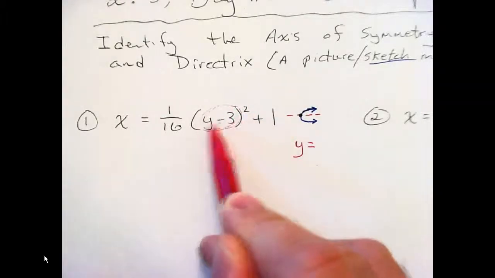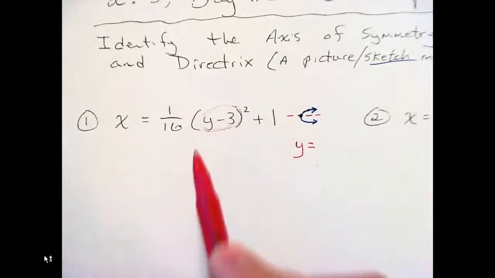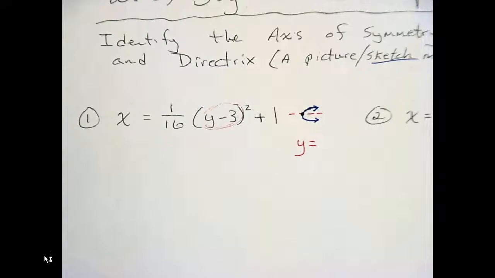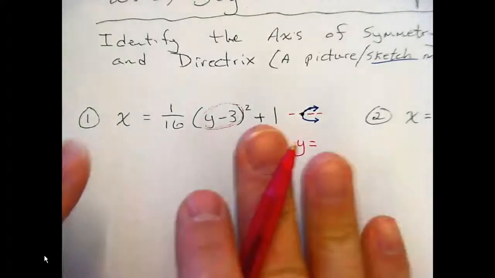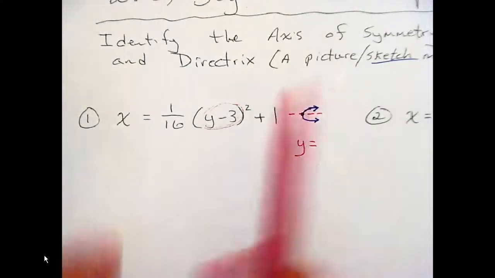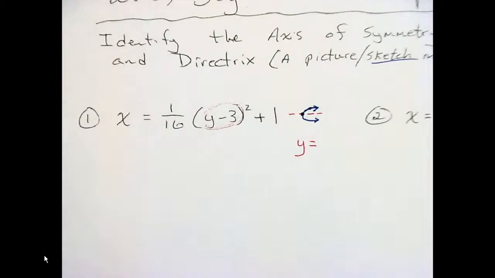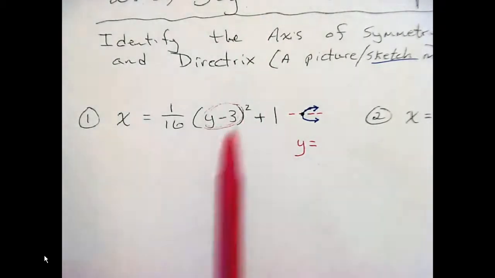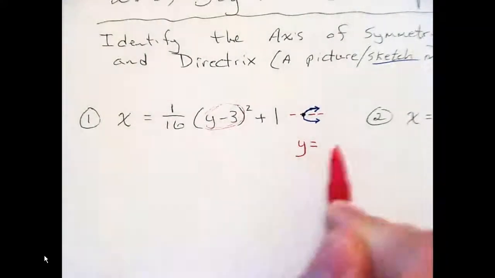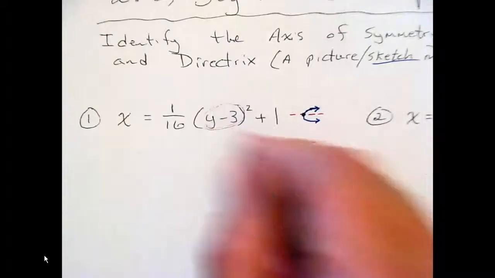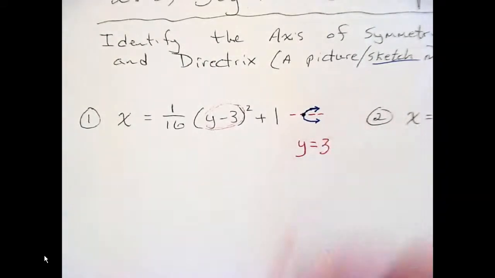It's backwards. It says describe the transformation of the graph of the standard equation with vertex 0, 0, and p equals 1. Let's use this for right now and work through these problems here, and this will actually answer that. It's using the same stuff. So my y equals 3.